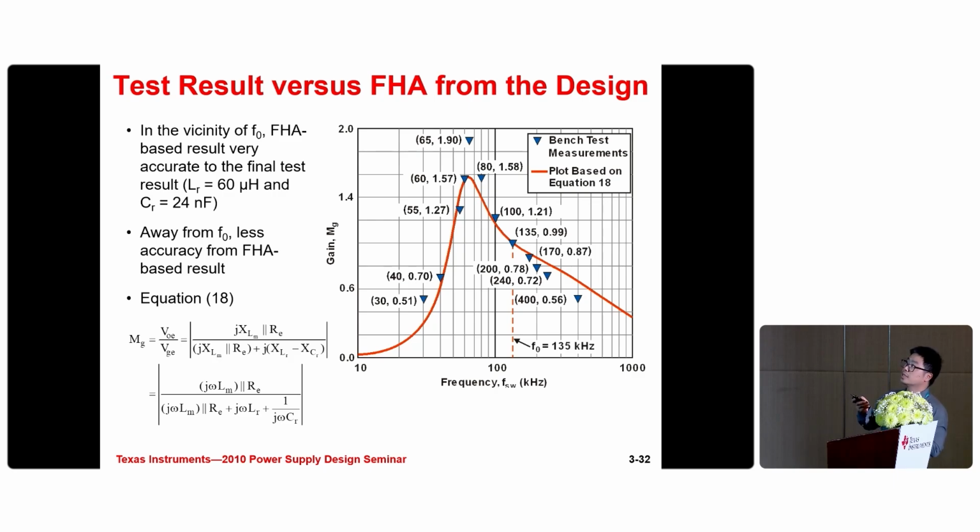The accuracy is okay, but when away from the F0, we can see the difference between these two curves. So is that a big problem? Not really. This is just a little difference here. The FHA method can still meet the engineering requirement in our design.